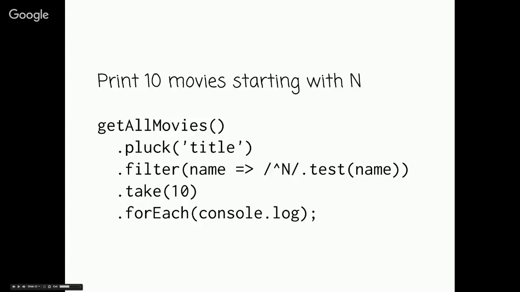And then we just filter out those that we aren't interested in. So we're only getting those that start with the letter N. So we have a new stream of movie titles that start with letter N. And then we take 10, and then we use forEach to console log them to the screen. I hope that makes sense.